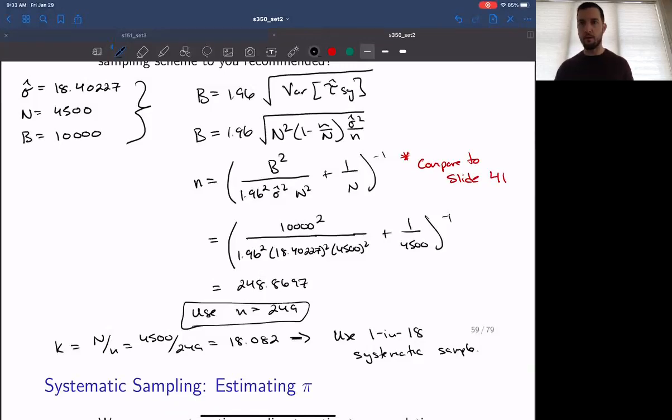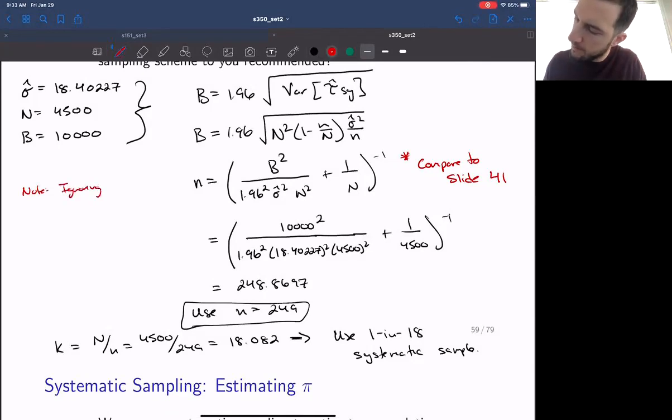Okay, and then if we ignored the factor of 1 over n, yeah, so it's a pretty big difference. So we can note that ignoring 1 over N gives n equals 263.